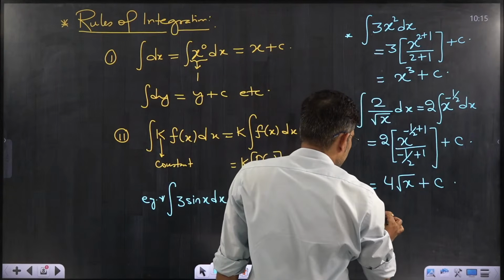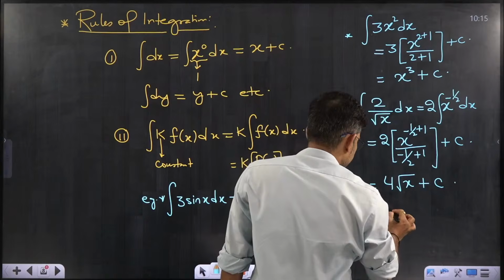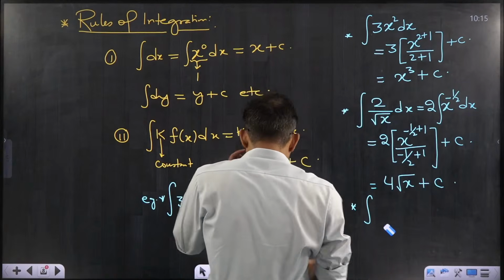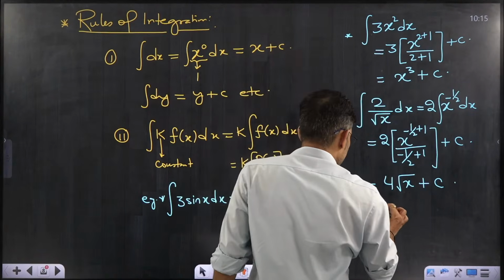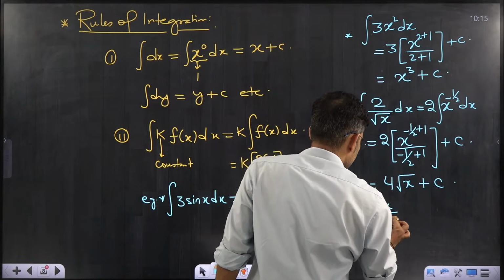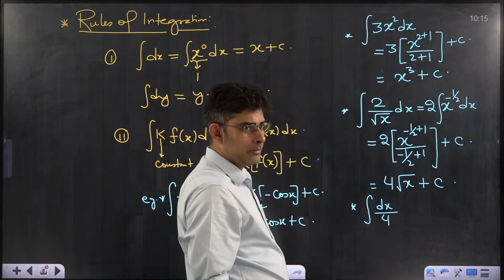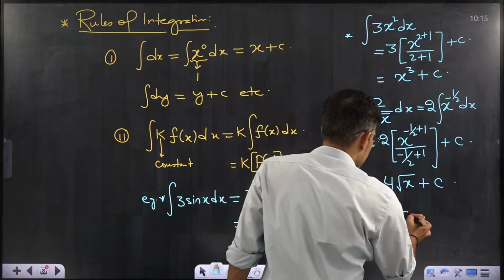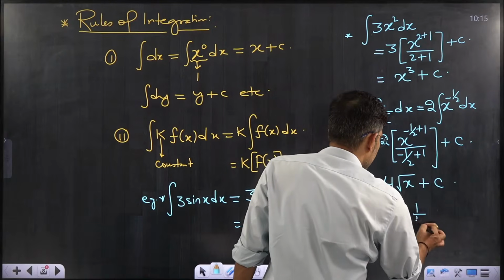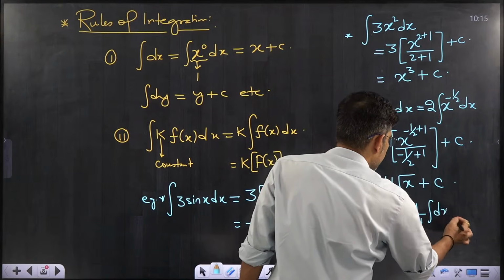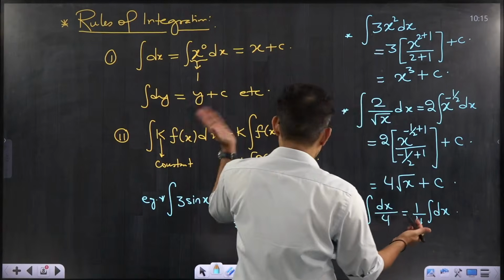Suppose you are seeing an integration of 1 by 4 dx. I have repeated this a lot of times, so let's take it like this. That means here 1 by 4 will be outside and you will be left with the integral of dx, which we know is x plus c.